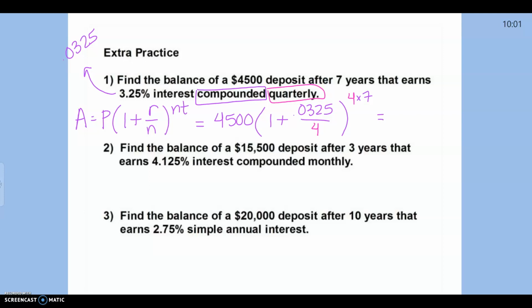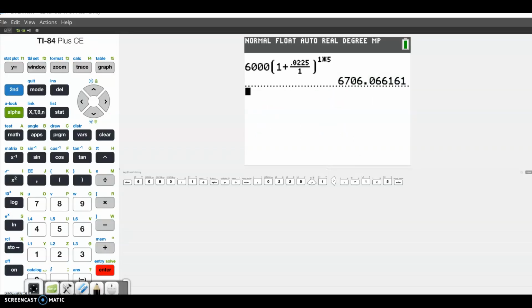And we're actually going to type it in, okay? And when we type that into our calculator, so we're going to do 4,500 times 1 plus 0.0325 over 4 raised to the 4 times 7.